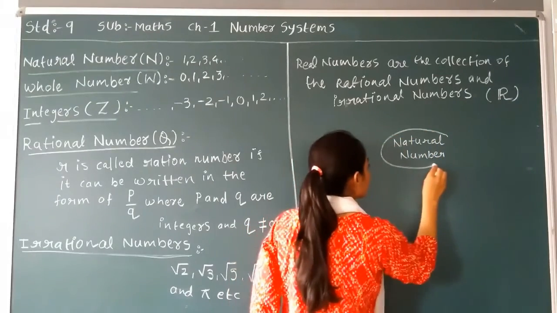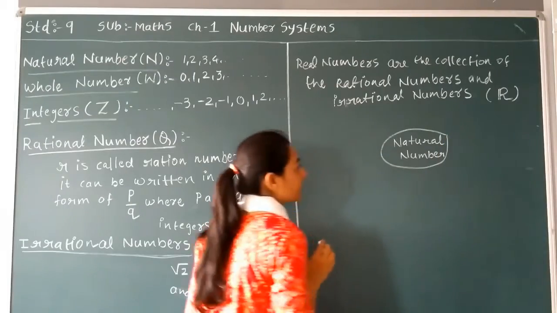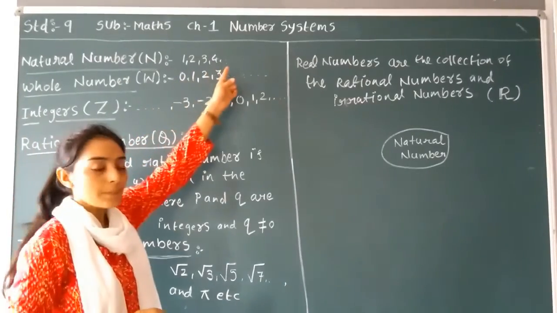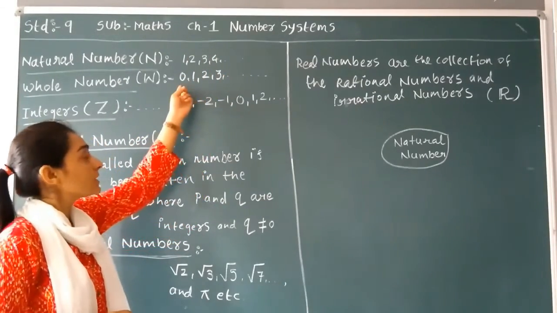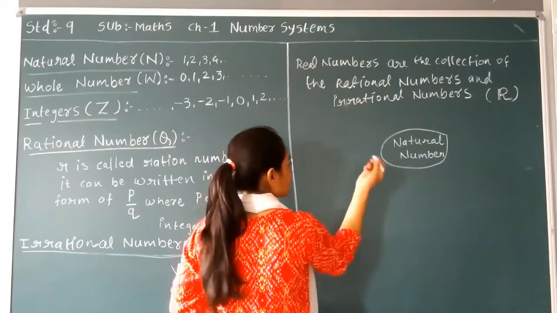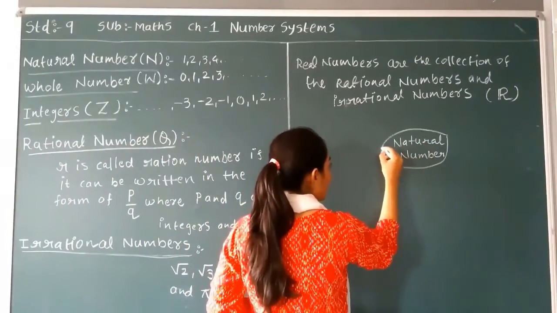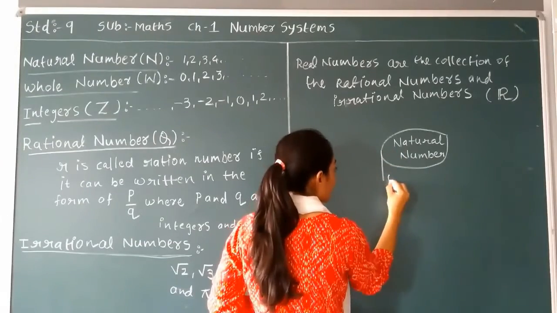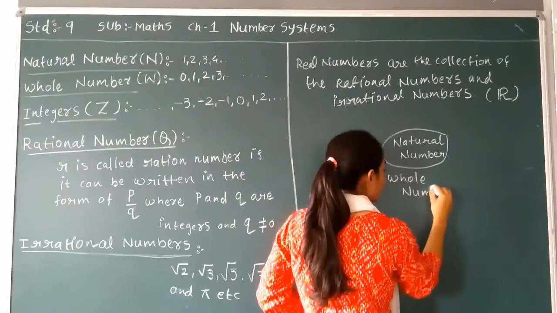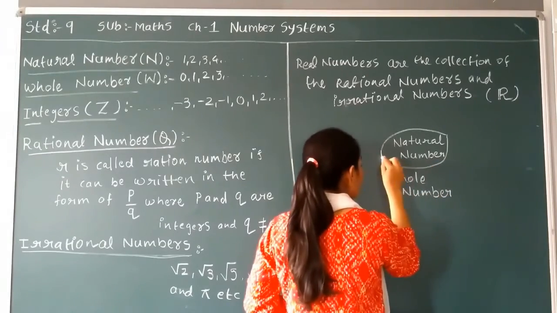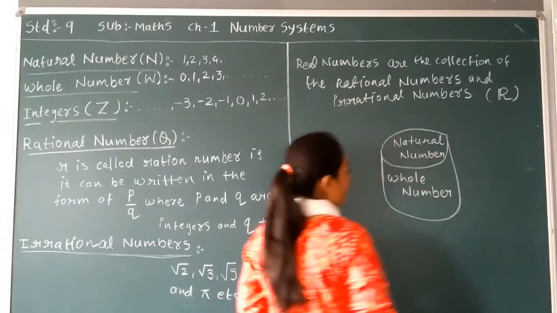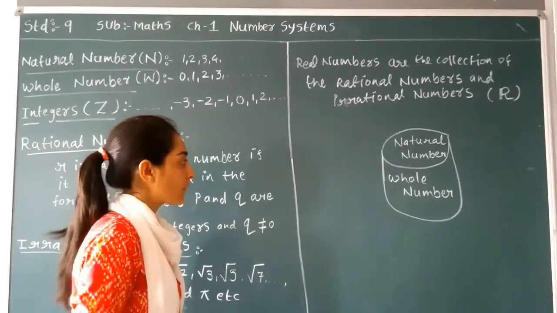Now let's understand with the diagram. Natural numbers start from 1, 2, 3, 4. For whole numbers, we just add 0 over here. So here is my whole numbers.